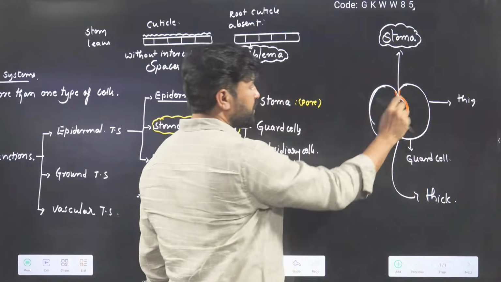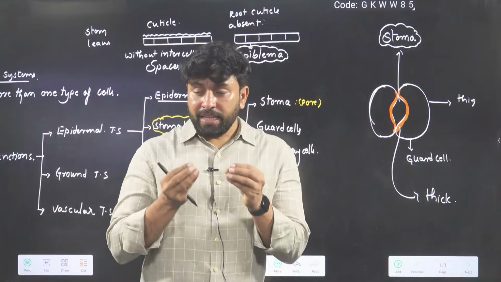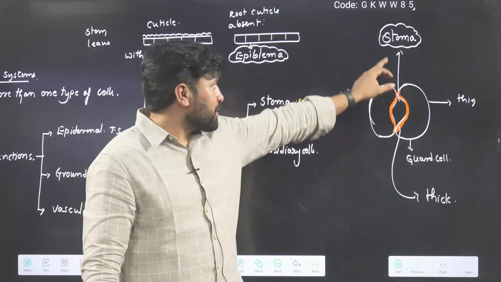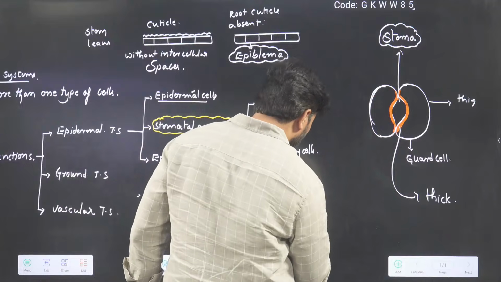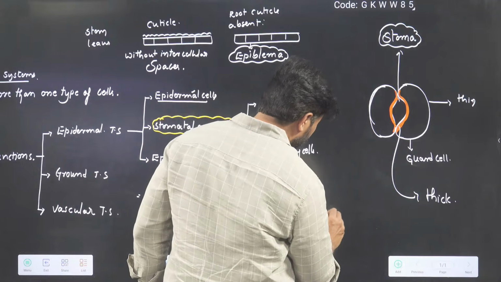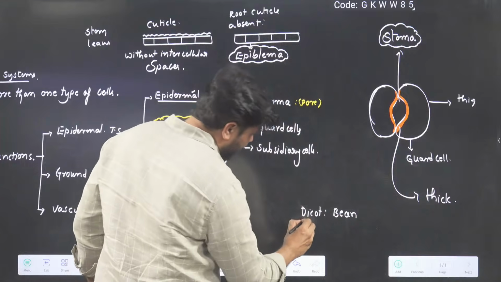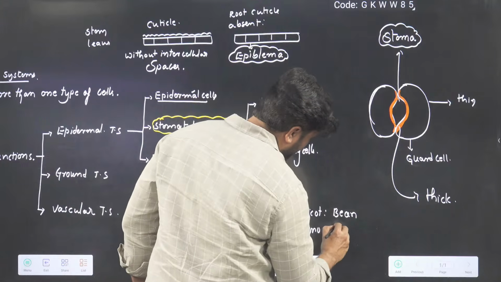Unevenly thick places, and the thick places are around a pore. That pore is known as stoma. But interestingly, in dicots these guard cells are bean shaped, and in monocots these are dumbbell shaped.